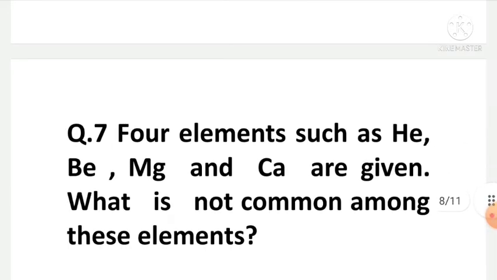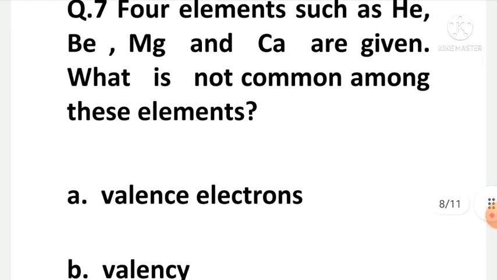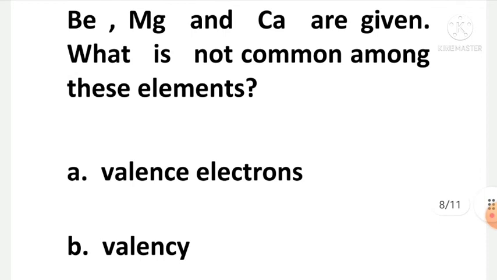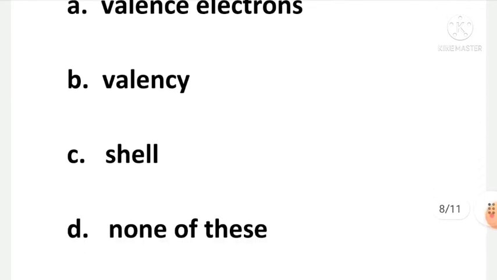Now question number 7. Four elements such as helium, beryllium, magnesium and calcium are given. What is not common among these elements? First, we have to observe the options: A valence electron, B valency, C shell and D none of these.